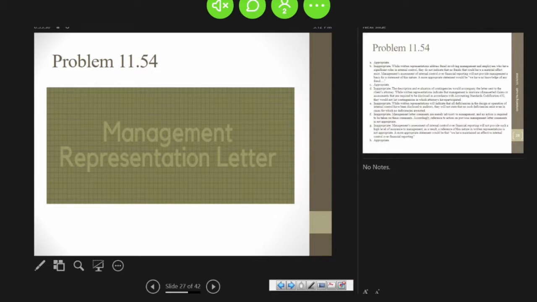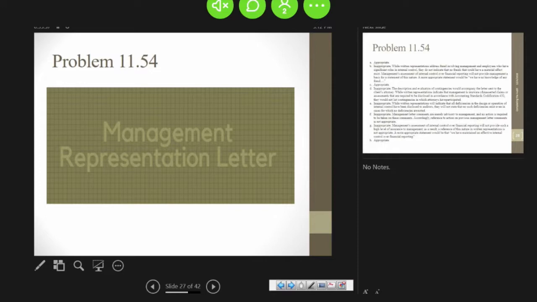Okay, what about E? Not appropriate. Why? Because it states as a fact that there are no significant deficiencies, but they don't know that. Well, here's the thing, you're on the right track. It's so absolute.